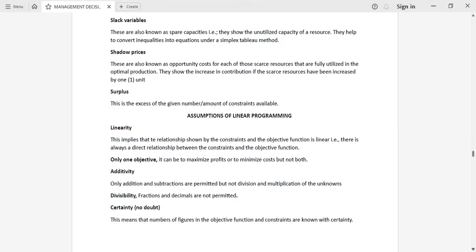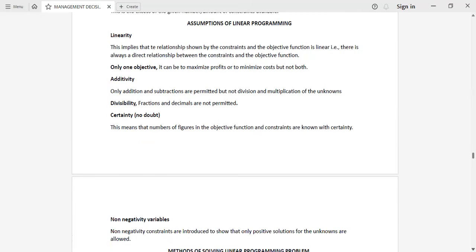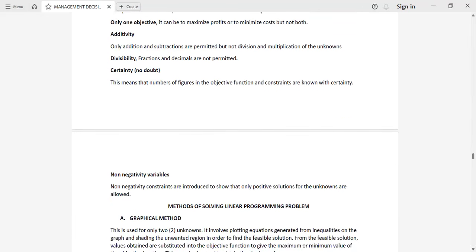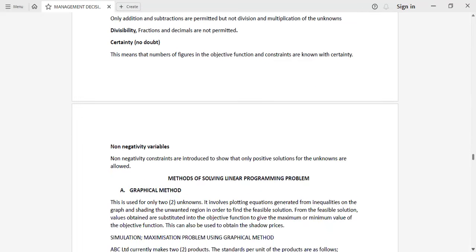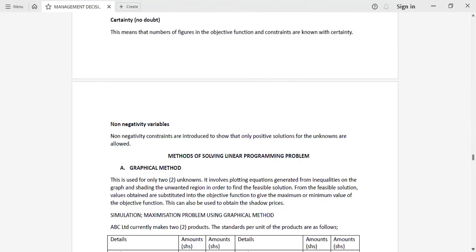The other one is certainty. Certainty means the numbers or the figures in the objective function and the constraints are known with certainty.